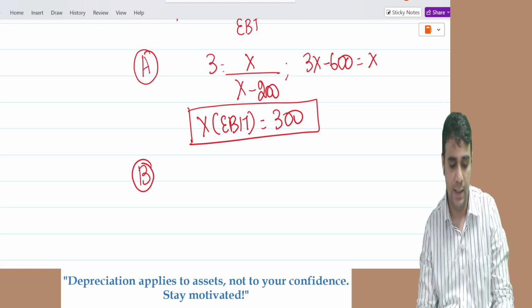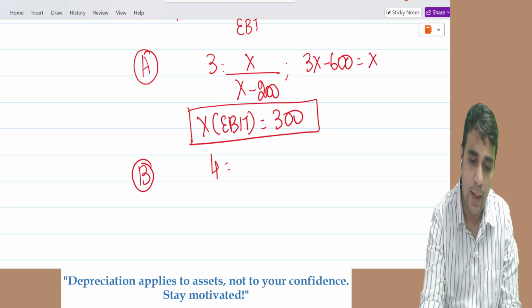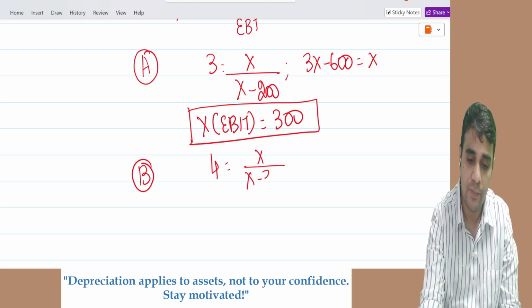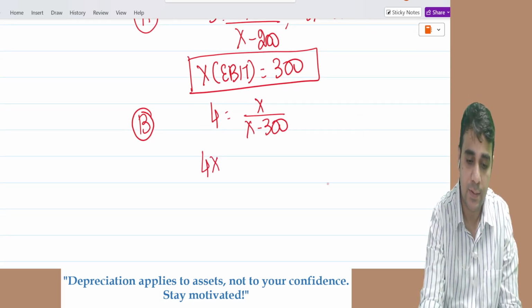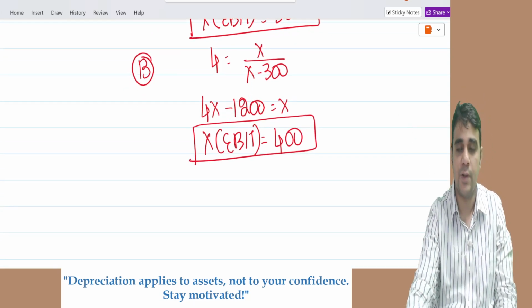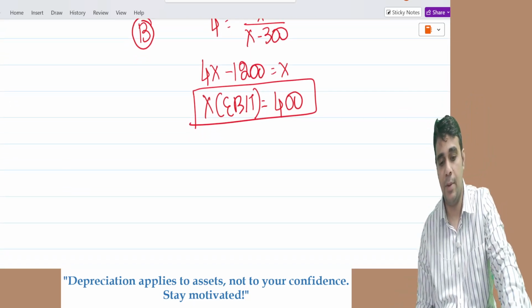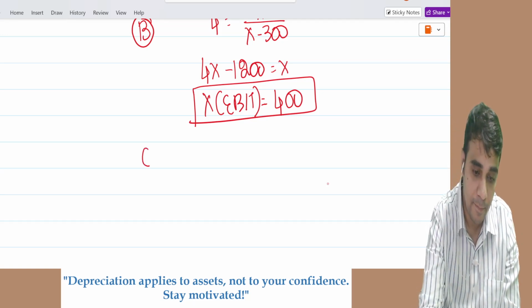Company B, what is the leverage given? 4 equal to X divided by X minus 300. 4X minus 1200 equal to X, X in bracket EBIT. The EBIT number is 400 for the second company. Then the third company.